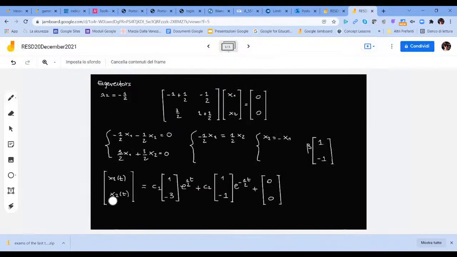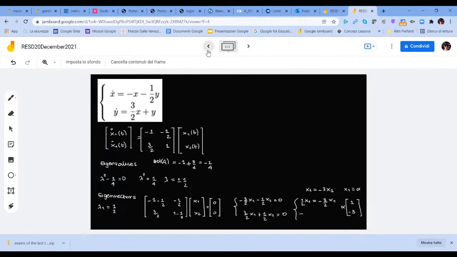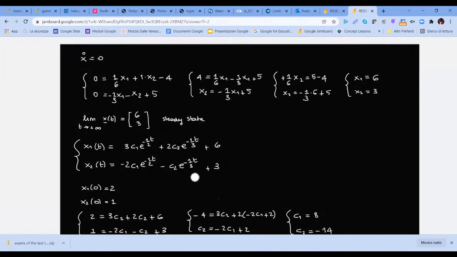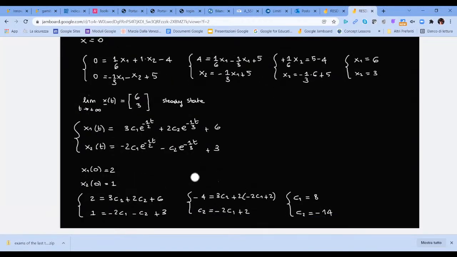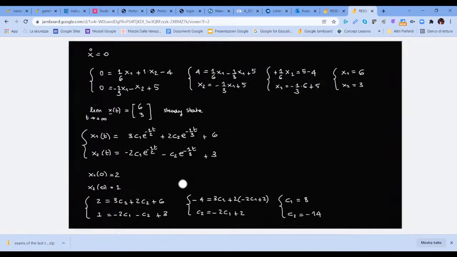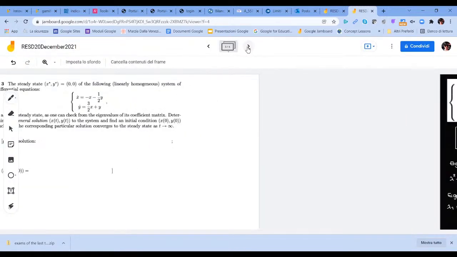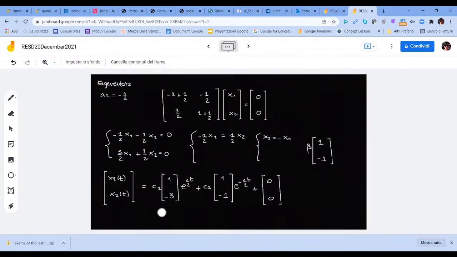If you look at the previous exercise that we solved, we had an initial condition, and we solved it by having two constants C1 and C2 that we needed to compute. In this case, this kind of steady state will give us a solution. Let's say C1 is equal to 0, and let's substitute.